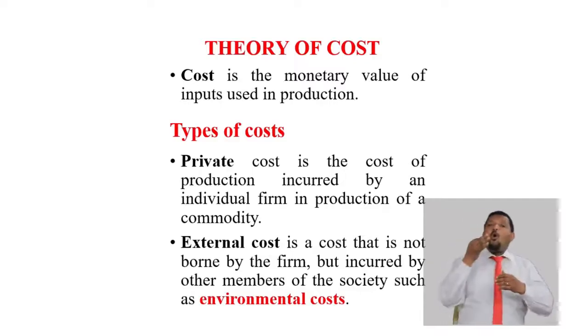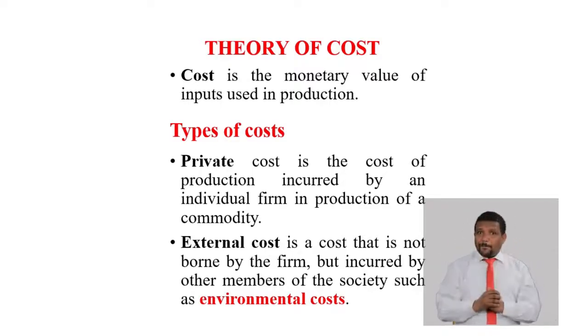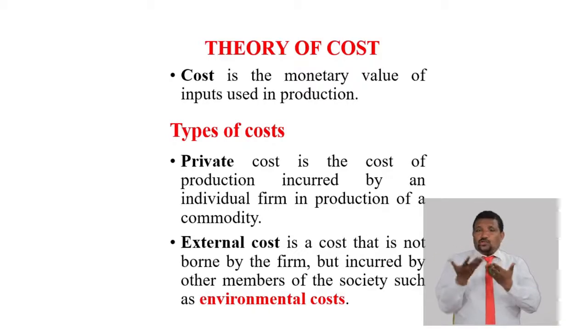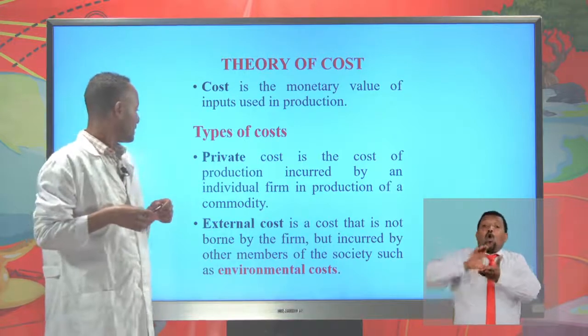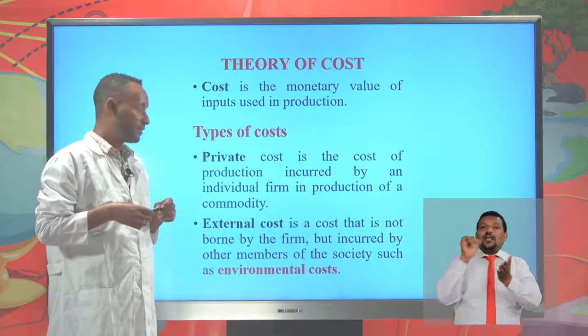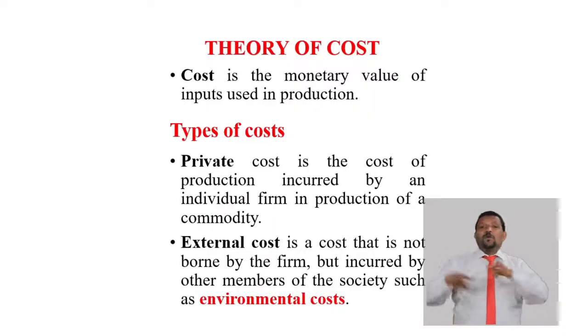The private cost is the cost of producing a good, and it is mainly incurred by a private firm. But the external cost is a cost that is not borne by the firm, but is incurred by other members of the society.